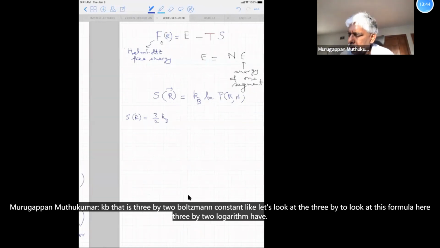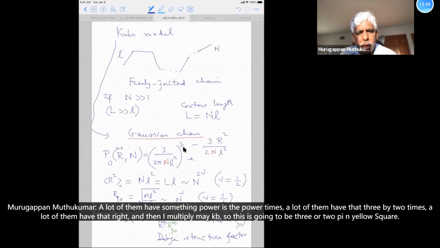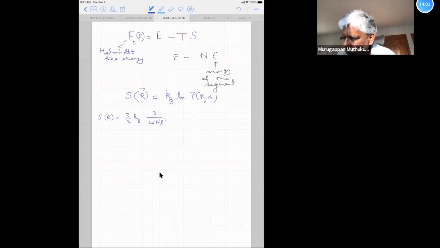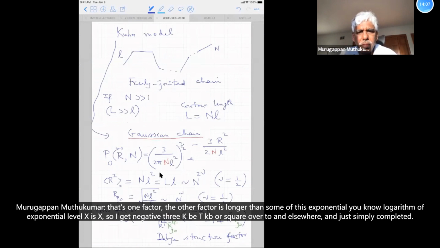Look at this formula here, 3/2: the logarithm of something to a power is that power times the logarithm of that. So 3/2 times the logarithm of that, right? And then I multiply by my KB. So this is going to be 3/2 pi n L squared. That's one factor. The other factor is the logarithm of this exponential.